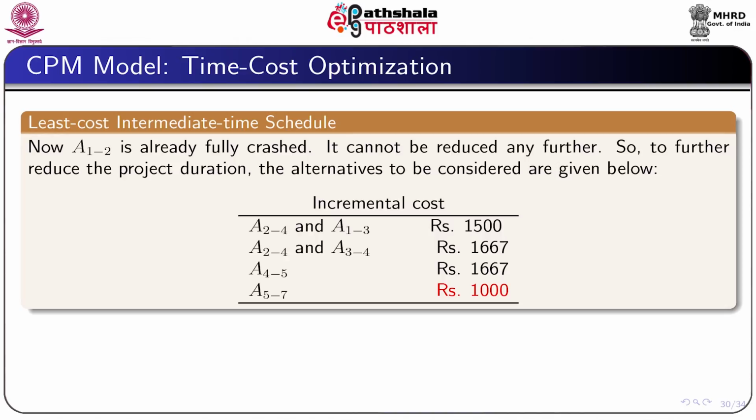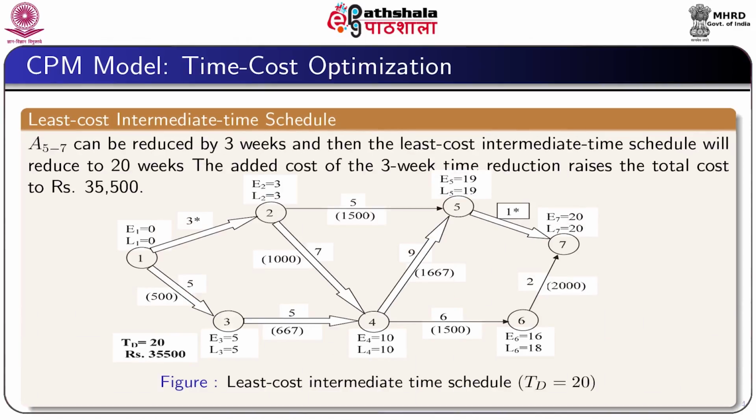Among these alternatives, the activity 5 7 gives the most benefit. Therefore, A57 can be reduced by 3 weeks. Then the least cost intermediate time schedule will reduce to 20 units and the total cost raises to rupees 35,500.